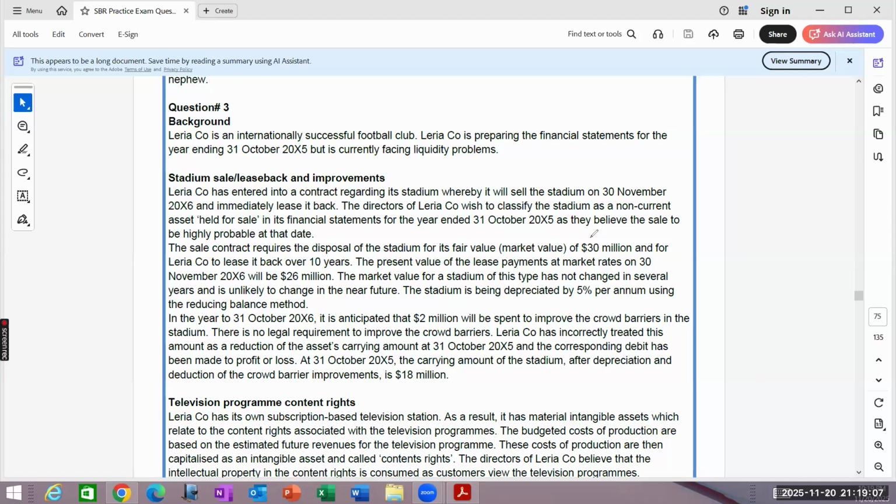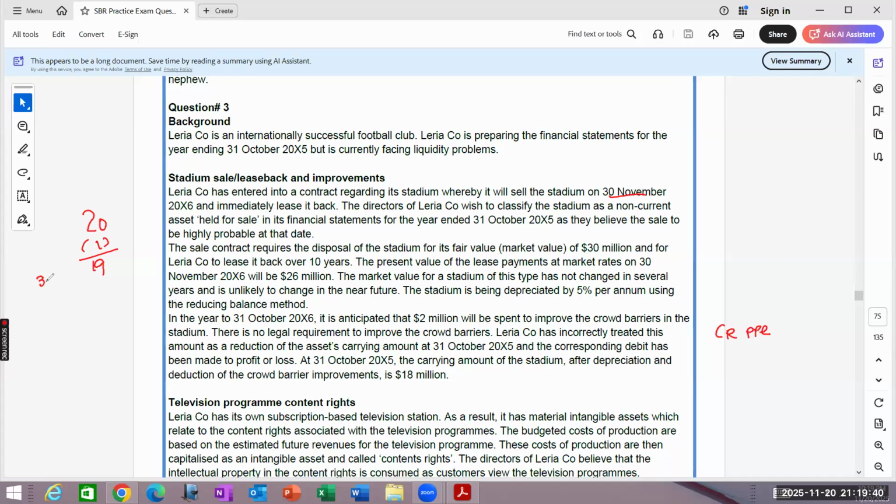Then on 30th November X6, you will de-recognize the carrying value of the stadium. The carrying value at 30th November X6 will start from 20, and the stadium is depreciated at 5% using the reducing balance method. So 1 million depreciation gives a carrying value of 19.